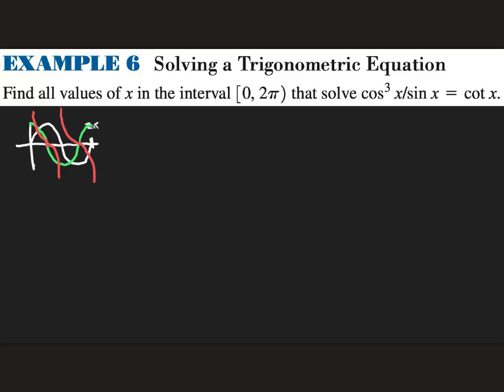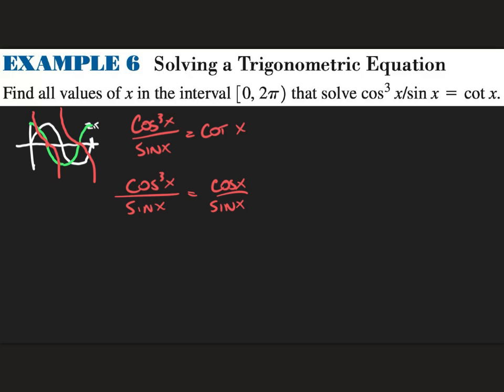So we want to know where the cosine cubed divided by the sine x is equal to the cotangent. So let's see what we got. Cosine cubed x over sine of x is equal to the cotangent of x. The first thing I'm going to do is change the cotangent into the cosine over the sine.